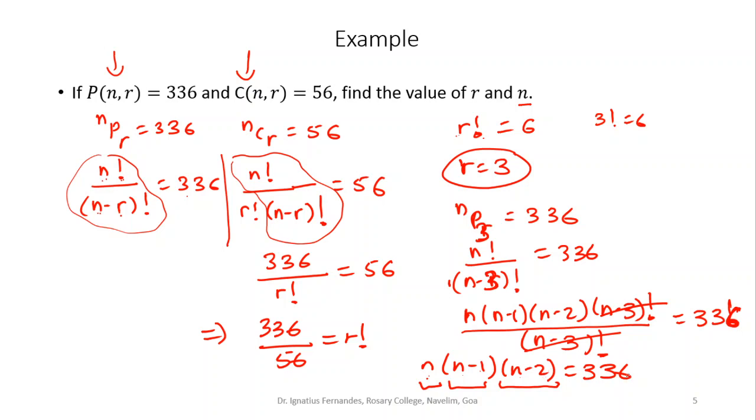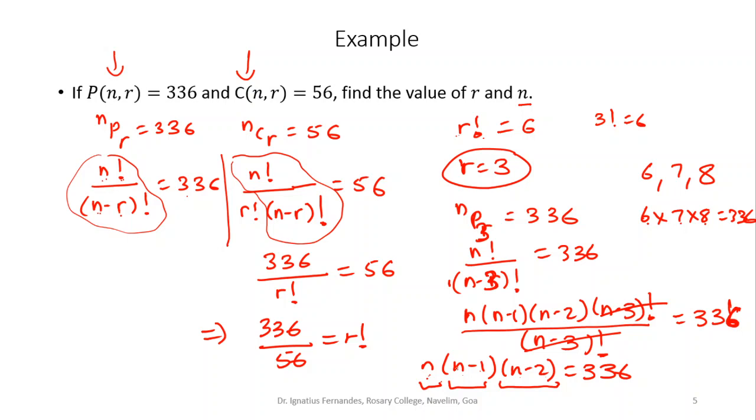Now, which are the three consecutive numbers whose product is 336? Okay, you'll recall that 6 into 7 into 8 we know is 336. So these three numbers are 6, 7 and 8. Except that now you have to know which one of them is 6, which one of them is 7 and which one of them is 8.